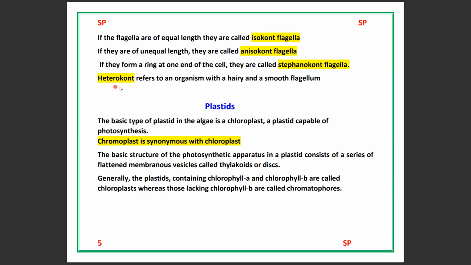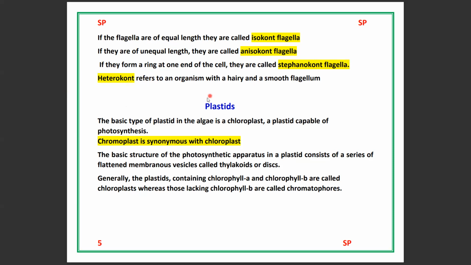Now they are called heterokont. Both equal, isokont; both unequal, anisokont; and flagella arranged in a ring-like or corona-like manner are called stephanokont. And different types of flagella present on the same cell, one whiplash and another tinsel, is called heterokont.